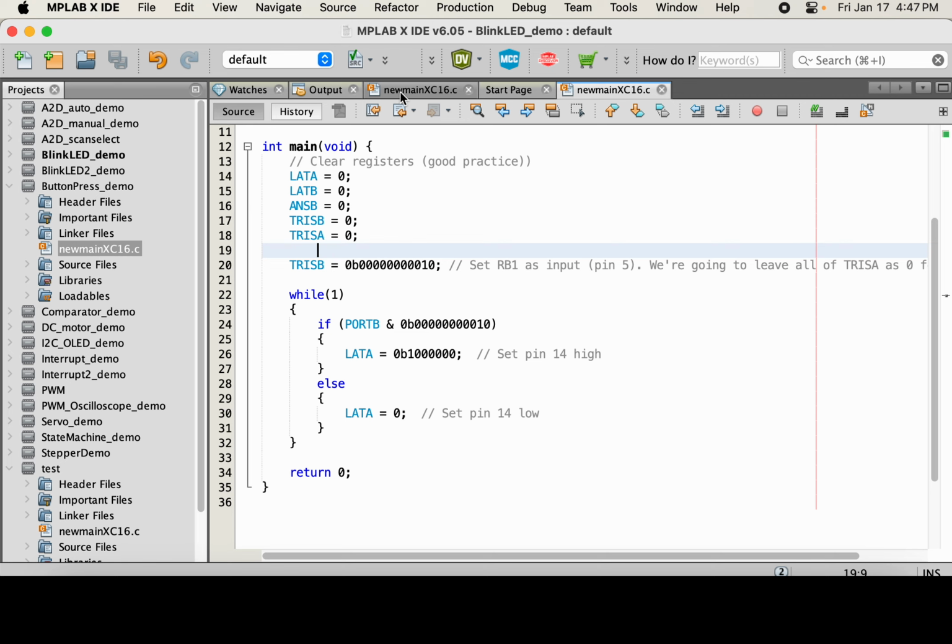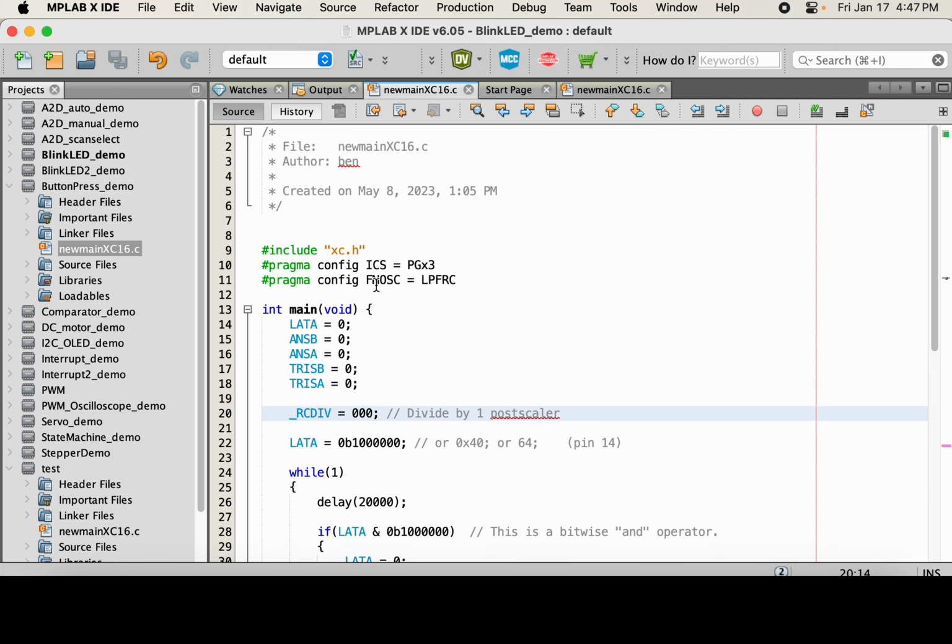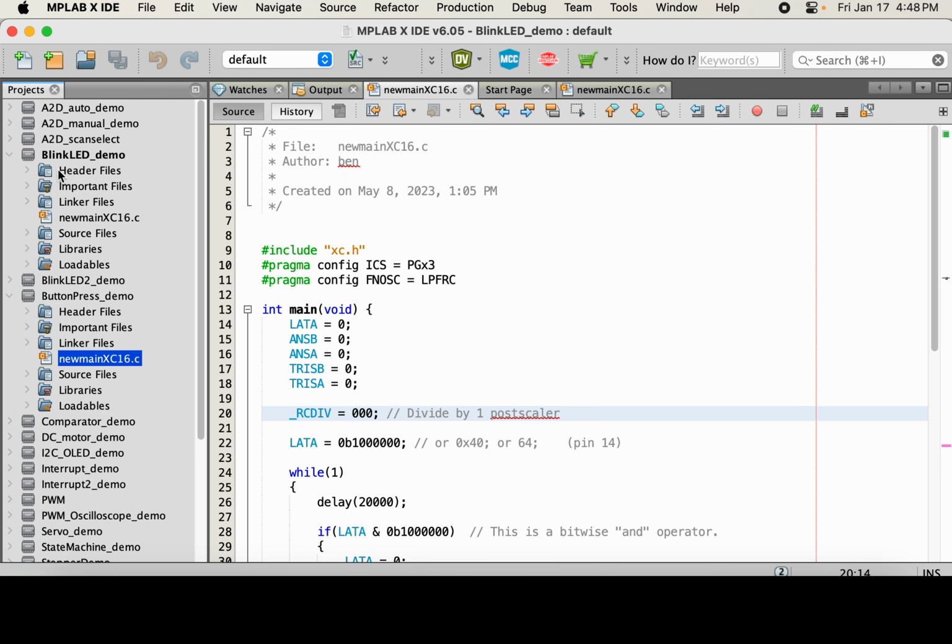That's our blink LED, make sure I'm in the right file. Okay, so this is decimal 0, so that's the same as that. Just be careful, unlike me. All right, so our divide by 1 postscaler was 000.